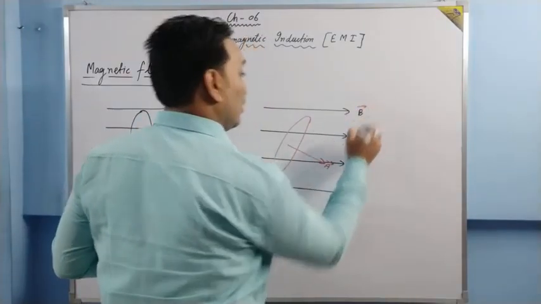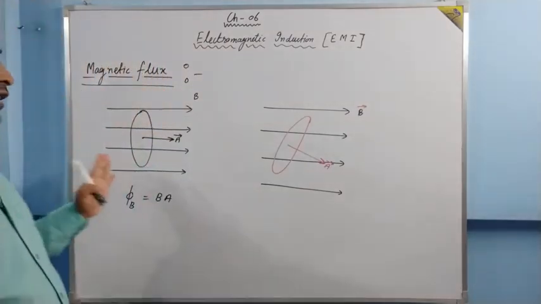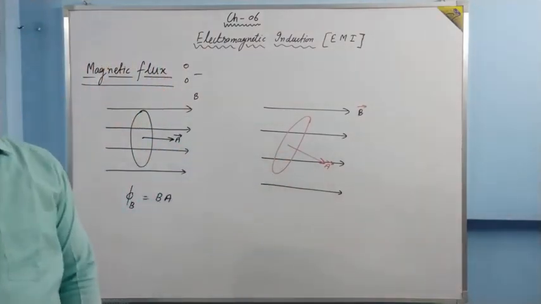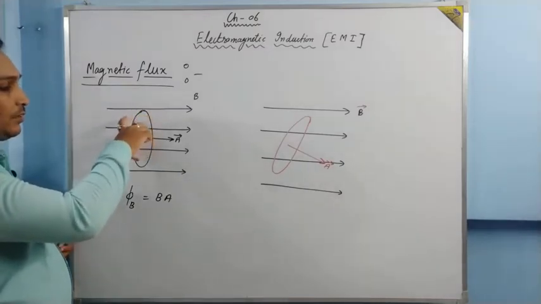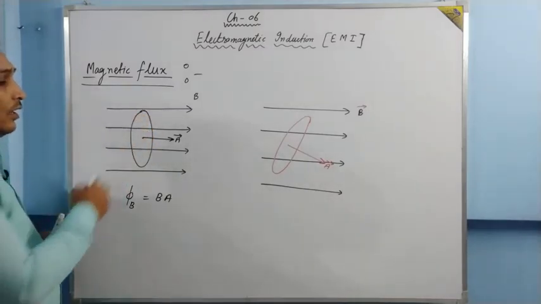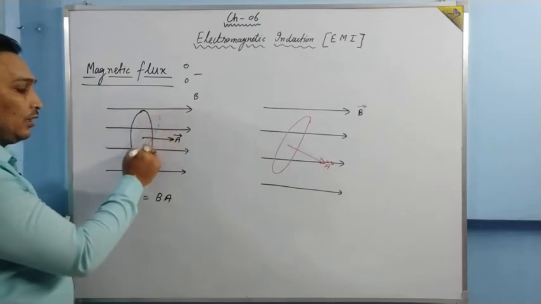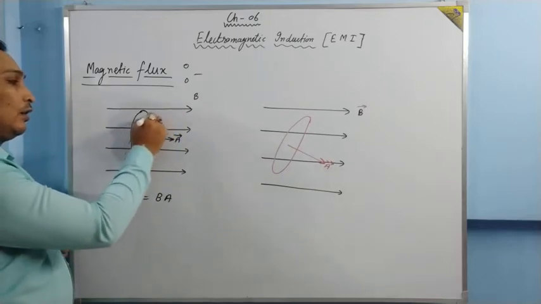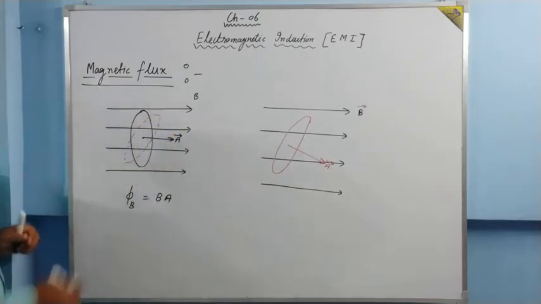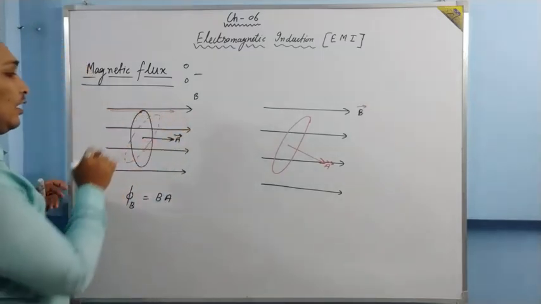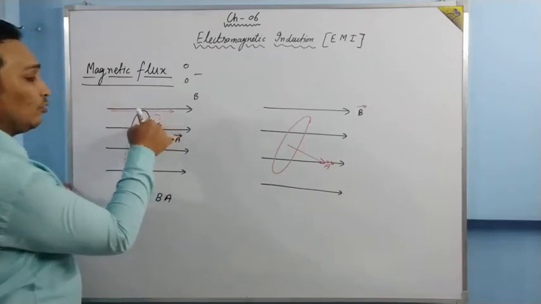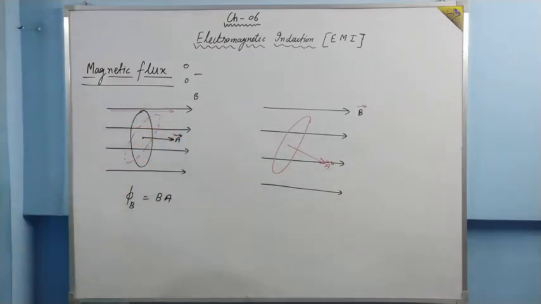Can we say that the same magnetic field lines are passing through this area also? We cannot, because if it is tilted a bit, it must be missing some of the magnetic field, right? Suppose this area is tilted, then it will become like this. Now the magnetic field line which was earlier passing through this area will not be passing through it. Definitely it will miss some of the magnetic field lines because it is tilted.